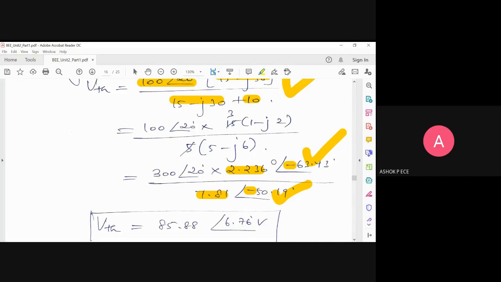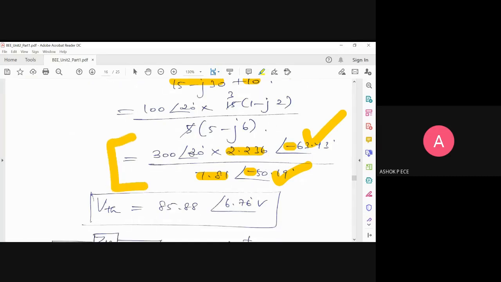Now you have multiplication as well as division simultaneously. It is very easy to do both in polar format. Add all the angles in multiplication, subtract all the angles in division. Multiply all the magnitudes in multiplication, divide all the magnitudes in division. So 300 into 2.236 divided by 7.81 is going to be 85.88.